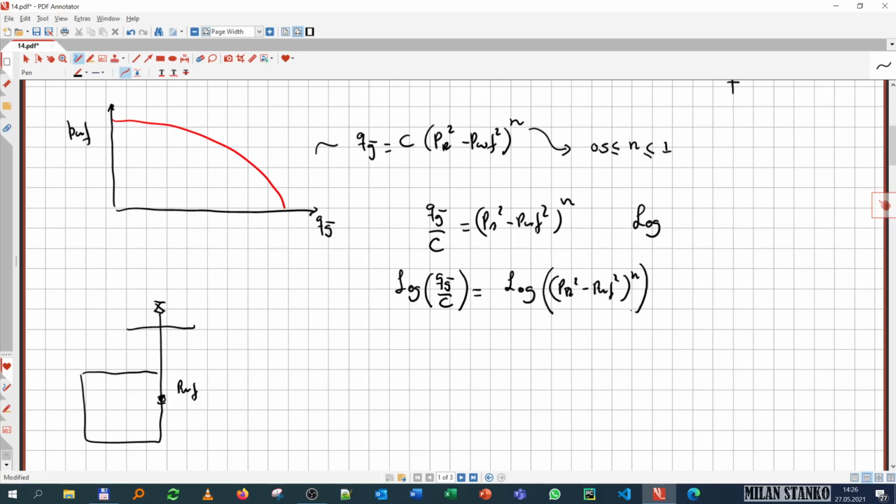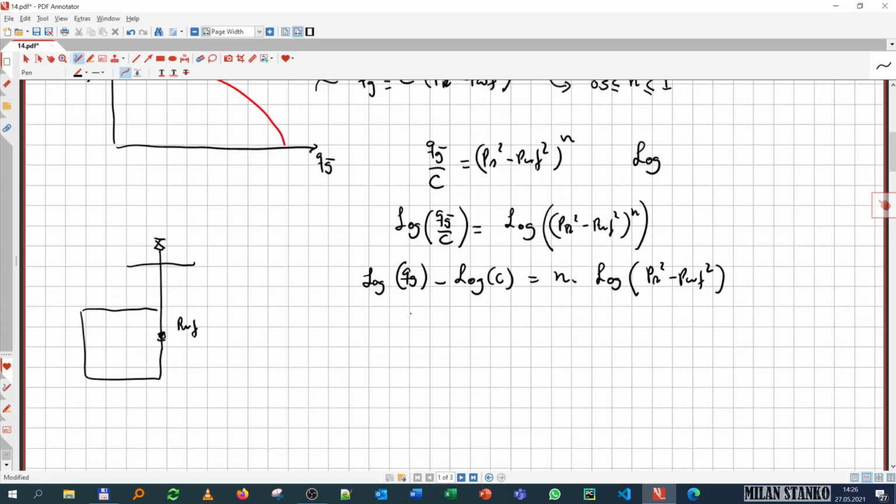Using log rules, this is the log of QG minus the log of C equal to n times the log of PR squared minus PWF squared. Rearranging, log Q is equal to log C plus n times log of PR squared minus PWF squared.